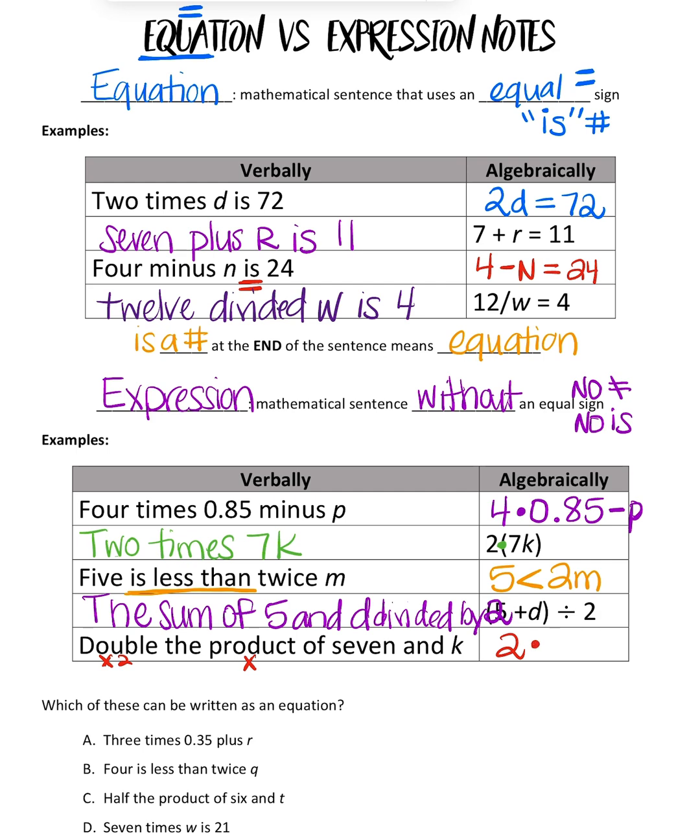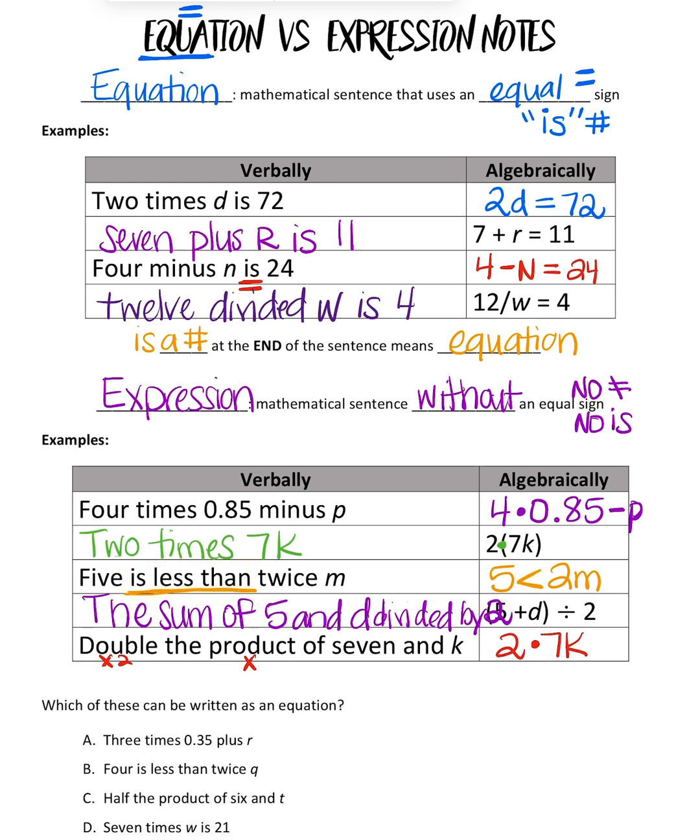Product tells me I'm multiplying my 7 and my k together. All right, so none of these down here had equal signs. None of them qualified as equations because they did not have an equal sign. Remember, an equation has equal or is. Don't fall for this "is," because this is "is less than," and we know that's an inequality.